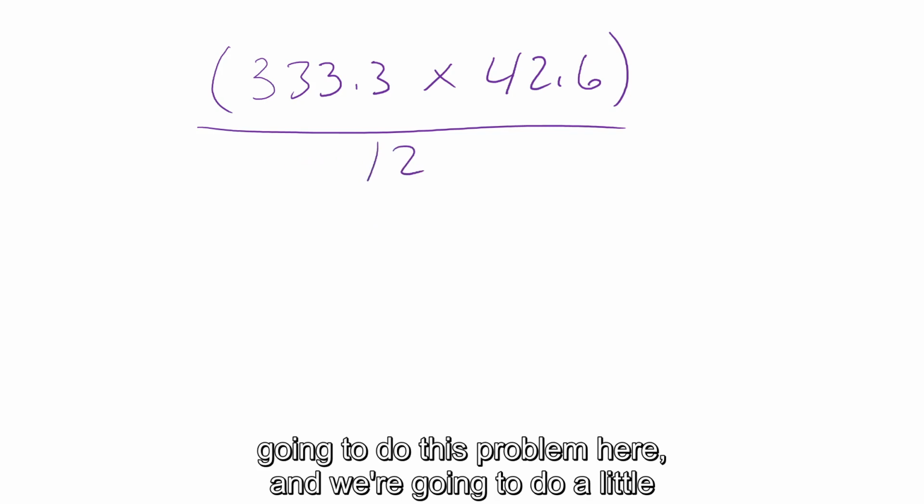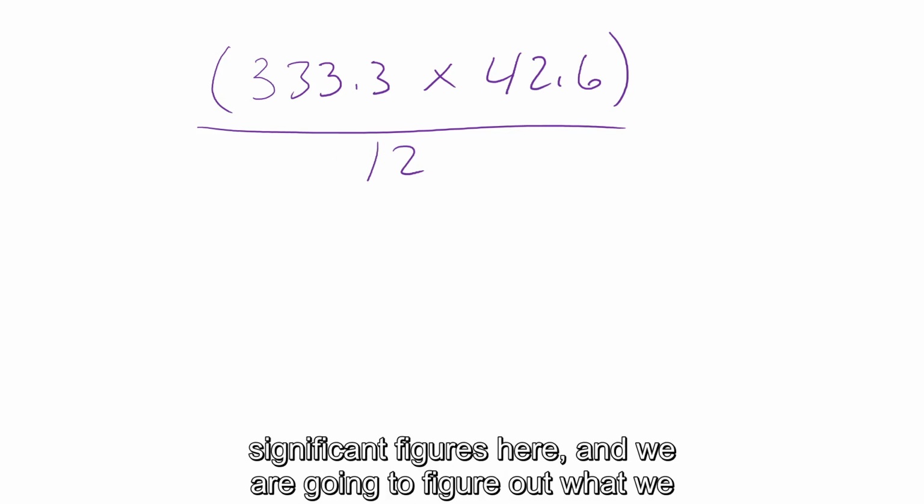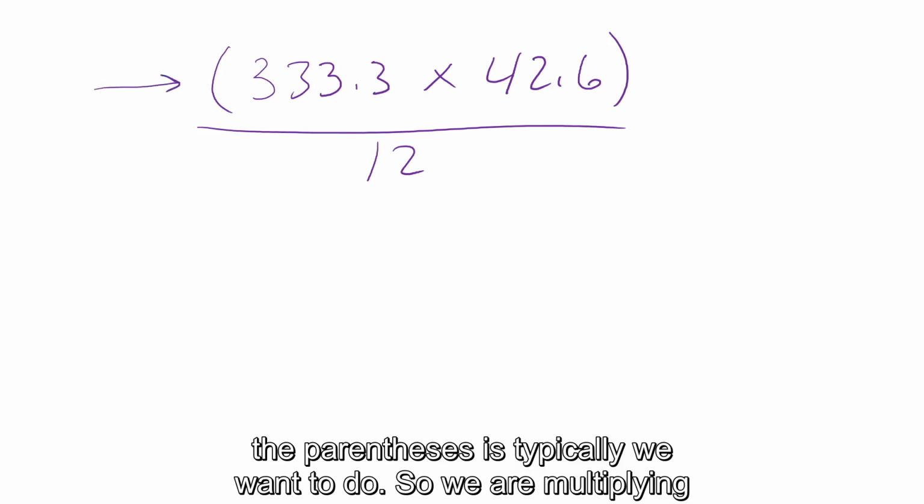So if we're going to do this problem here, and we're going to do a little scientific notation, or not really scientific notation, but significant figures here, we are going to figure out what we want to do first. Here, what we want to do first is what is in the parentheses. So we are multiplying here.